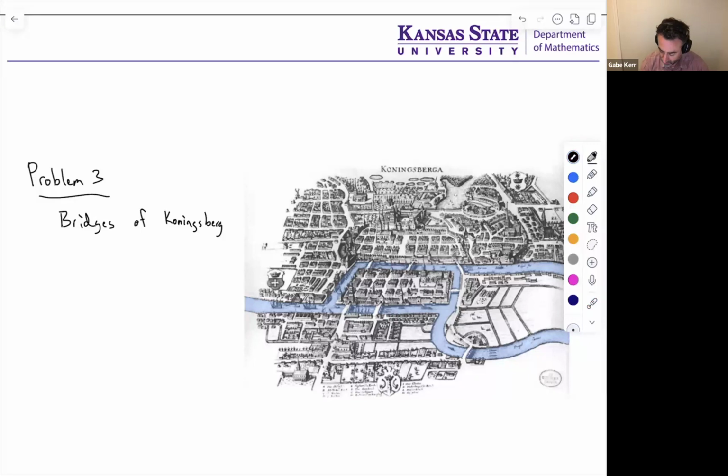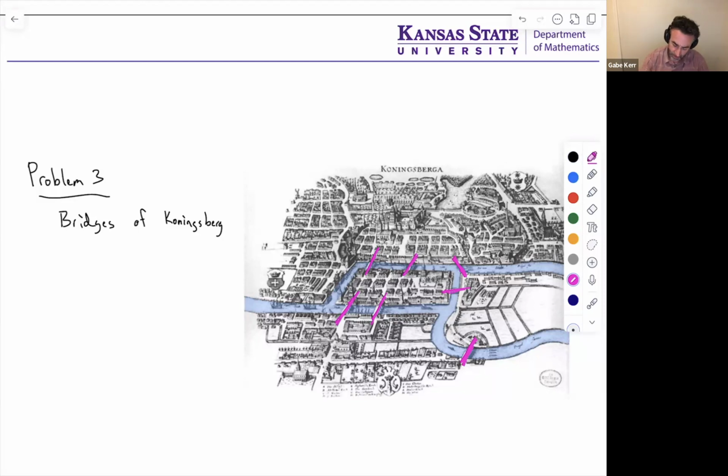And I'll illustrate them in case you can't see. So there's a bridge here. There's a bridge here. There's a bridge here. There's a bridge here, here, here, and here. So there should be 7 altogether.